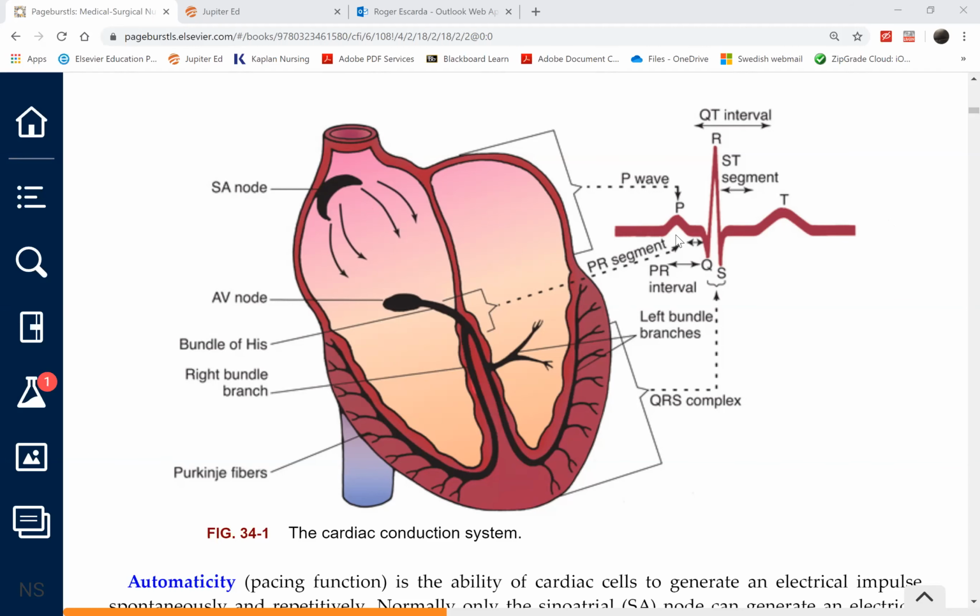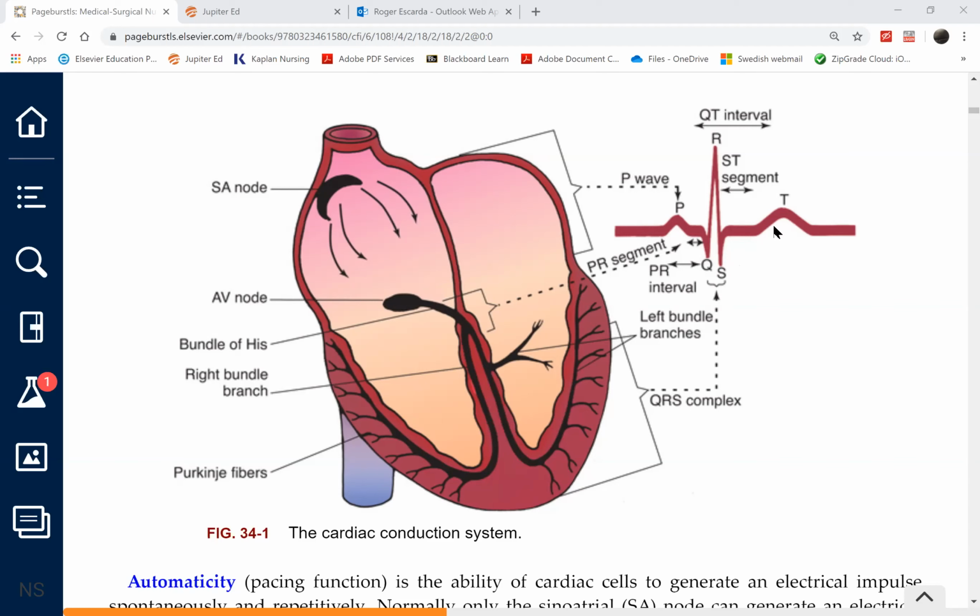There is a delay before the electrical impulse was transmitted to the left and right bundle branches, representing the PR interval. And then finally, the electrical impulse was transmitted down, forming the QRS complex, meaning as soon as the electrical impulse traveled down the left and right bundle branches and the Purkinje fibers, the ventricles contracted, forming the QRS complex.